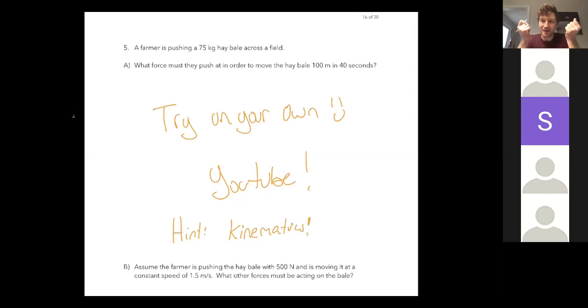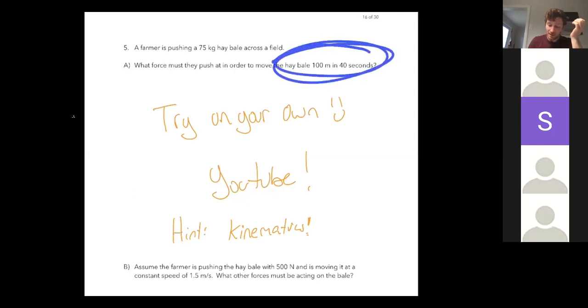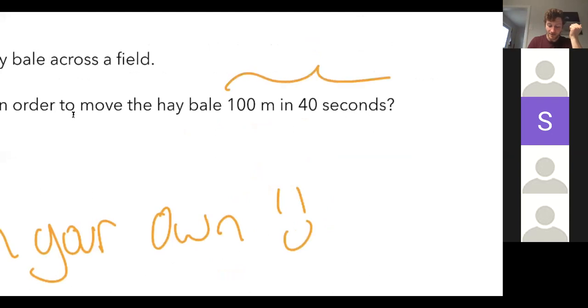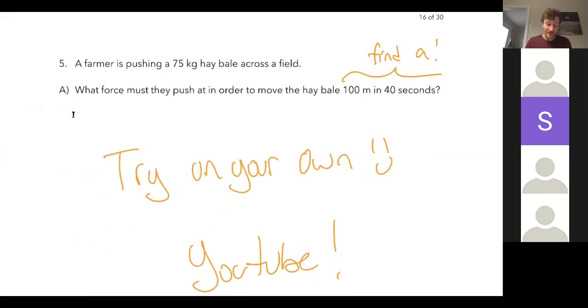Kinematics meets dynamics because dynamics gives you the acceleration. Acceleration is everything we were just doing in kinematics. So if we want to know how we're going to move this hay bale 100 meters in 40 seconds, we can use that to maybe find an acceleration. And then if we find our acceleration, we can work backwards in dynamics and find forces. It's so exciting.